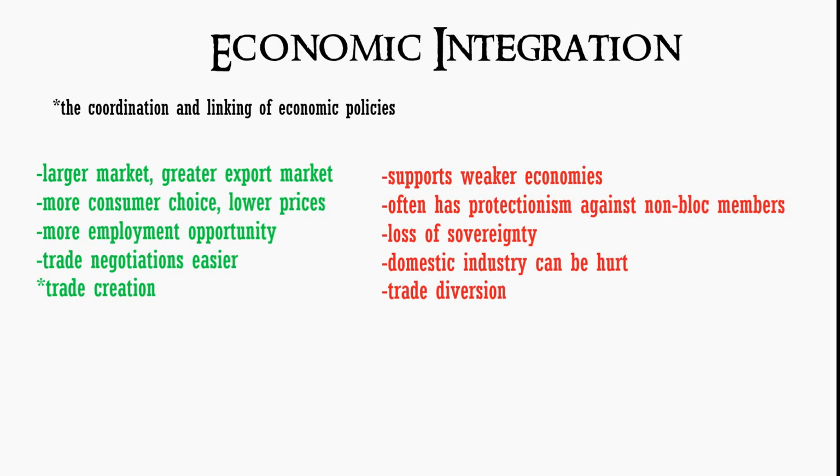Domestic industry can also be hurt because, as I discussed earlier with trade creation, firms are going to move to where there's comparative advantage in producing a certain good or service. So industry that was inefficient is now going to be hurt, which can lead to problems inside the country where industry is leaving.